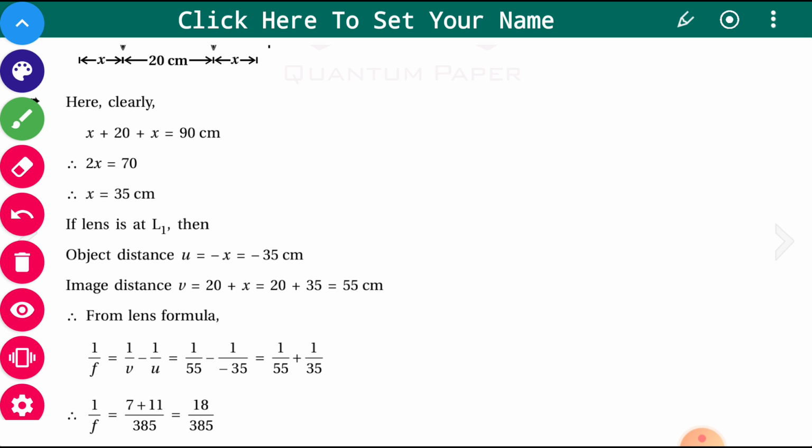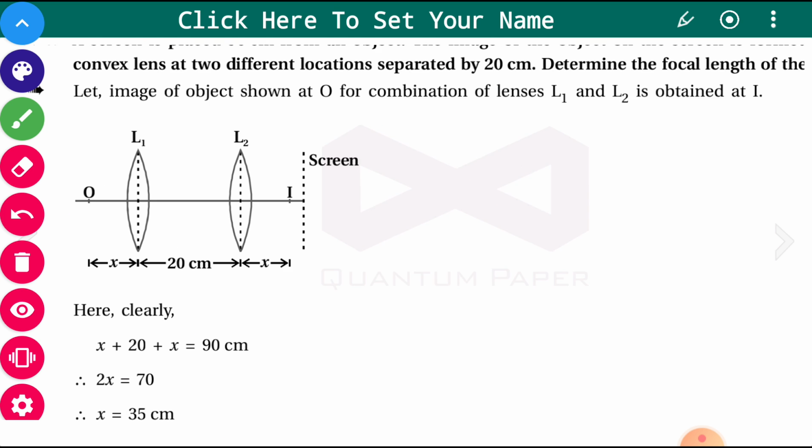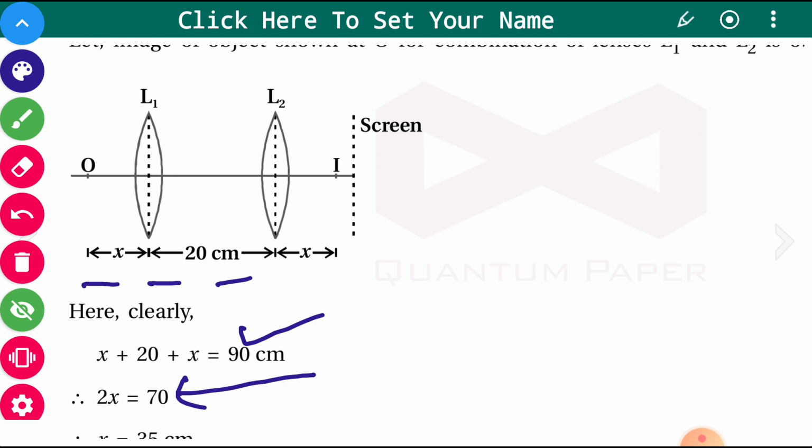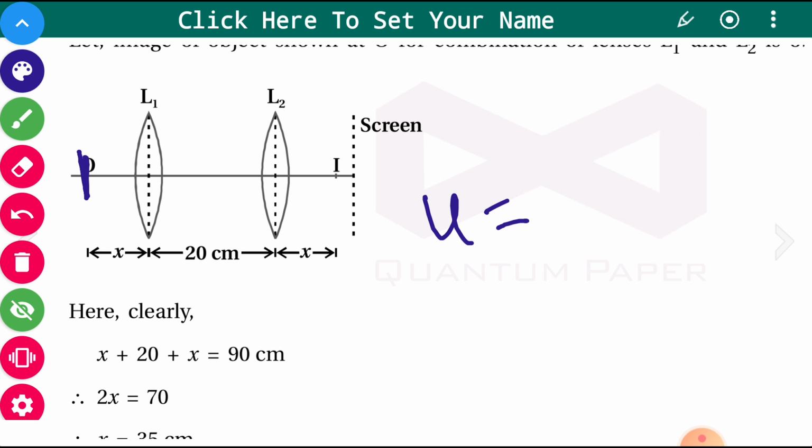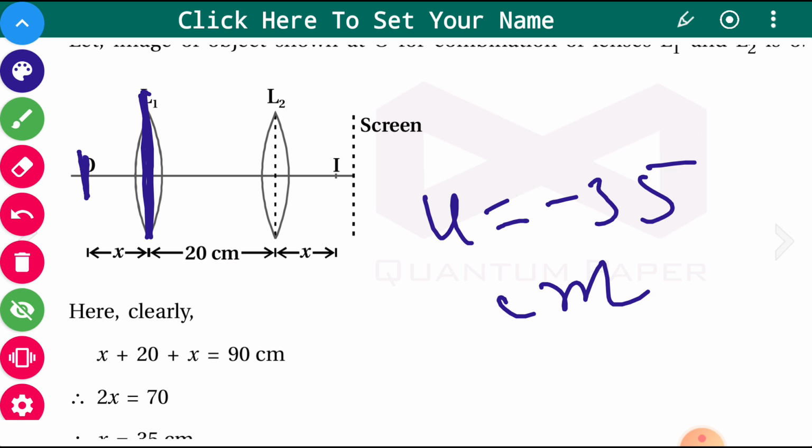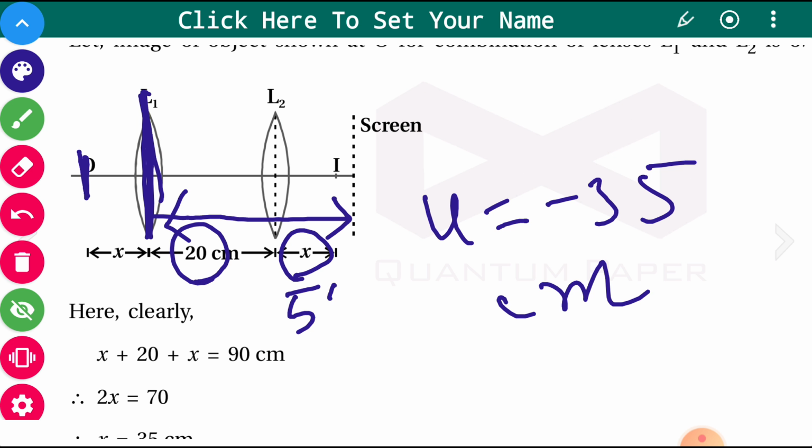So the object distance is 35 centimeter. If it is on this side, then u is equal to minus 35 centimeter. And if you keep the lens here initially, then the image distance will be 20 plus 35, so it will be 55 centimeter, and that will be positive.